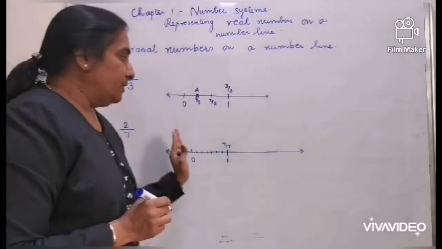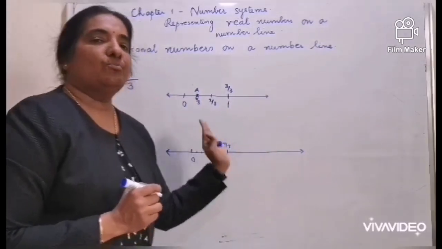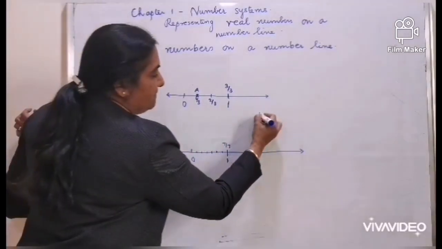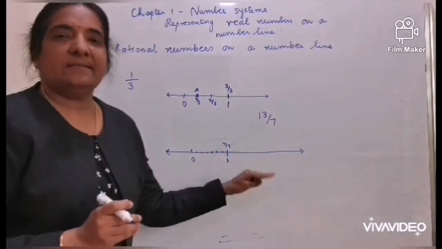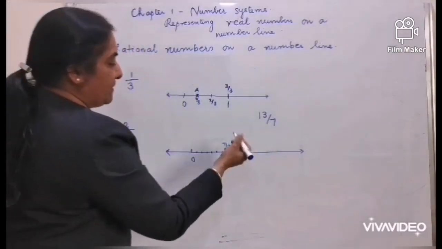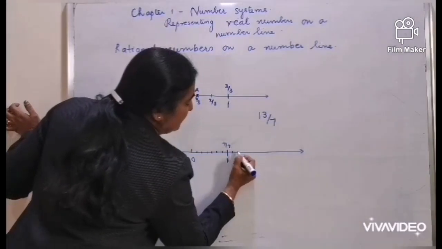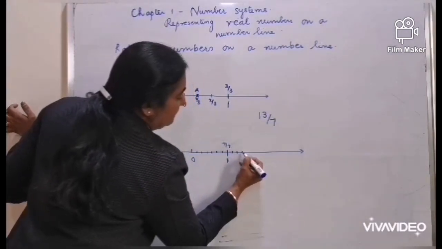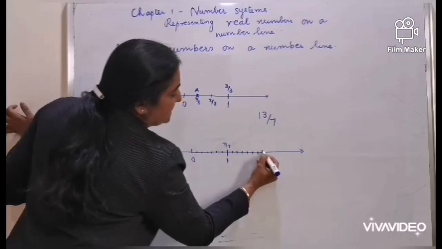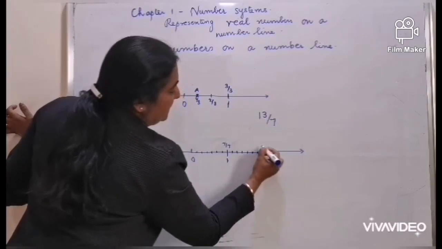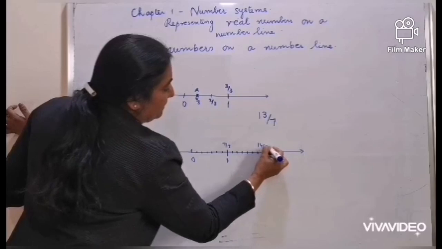So that further on, if they are asking you for more numbers, for example, represent 13 by 7 on this same number line, you can proceed as 8 by 7, 9 by 7, 10 by 7, 11 by 7, 12 by 7, 13 by 7, 14 by 7 will be 2.